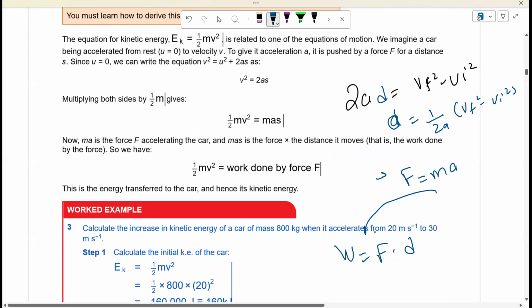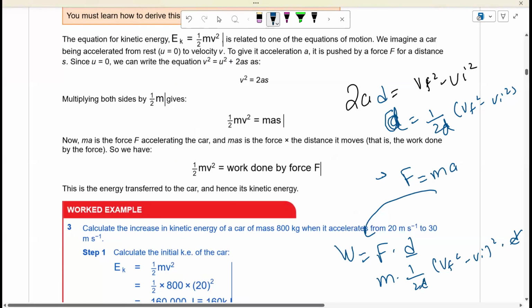I put f as ma and d as 1/2a into vf square minus vi square, and this a is as it is.